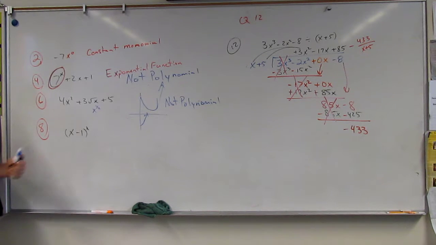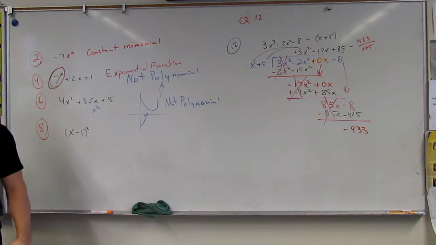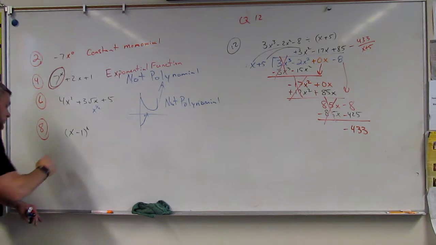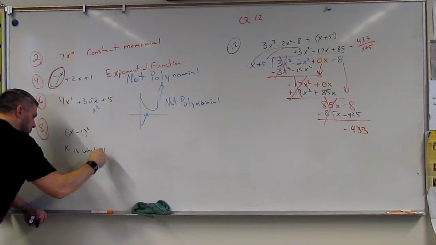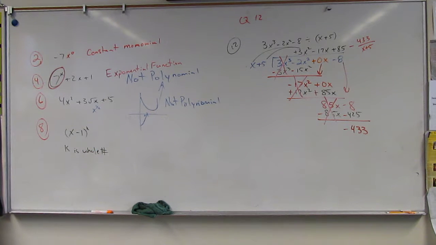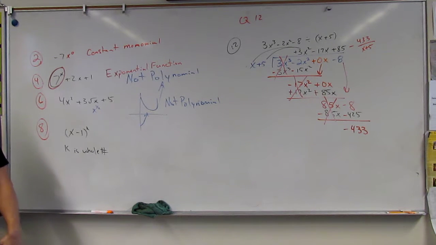This is the k, and it says that the k is a whole number. It would be good, right? What if k was 0? It's good. In fact, what would it be? If it was 0, it would be a constant, right? If it were 1, it'd be linear, right? X minus 1. If it were 2, it'd be an x squared, which is quadratic, right?